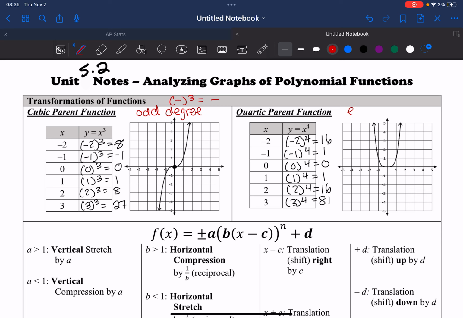Versus an even degree of x to the fourth, if we take a negative and raise it to the fourth power, we're going to get a positive. This is important to note because of the end behaviors here. So on an odd degree, notice how the end behaviors, those arrows on either side, are going in opposite directions, while the end behaviors for the x to the fourth parent function are going in the same direction.